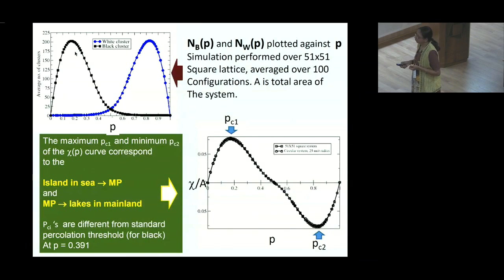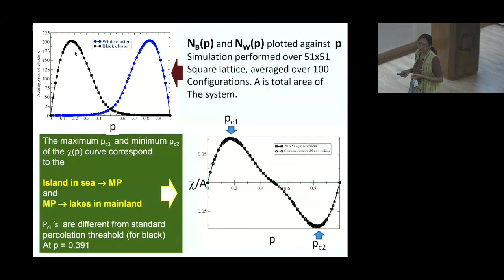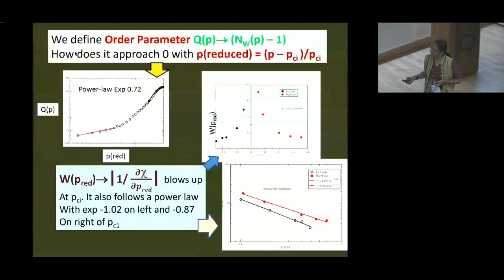Now we try to look for the characteristics which one usually sees in phase transitions. That is, we define an order parameter as something which is 0 in one phase and non-zero in the other phase. And we define that as the number of white clusters minus 1, because initially it is 0, and at the first transition it becomes non-zero.